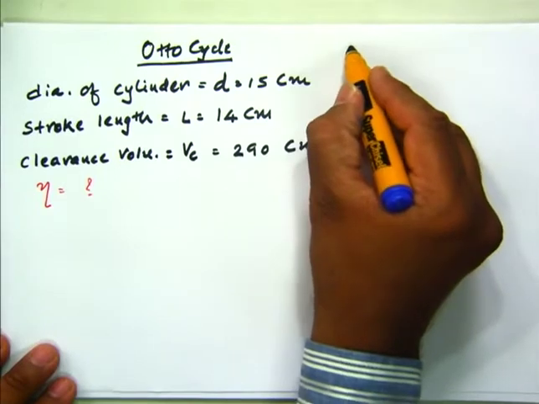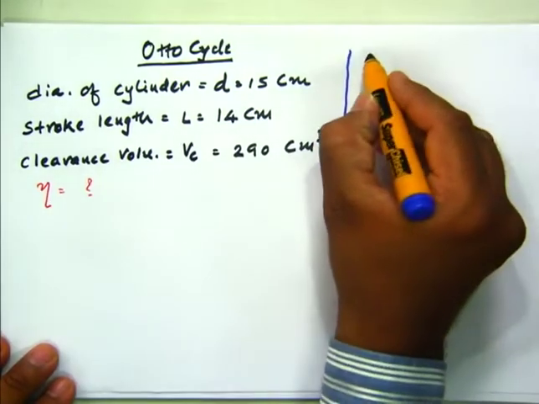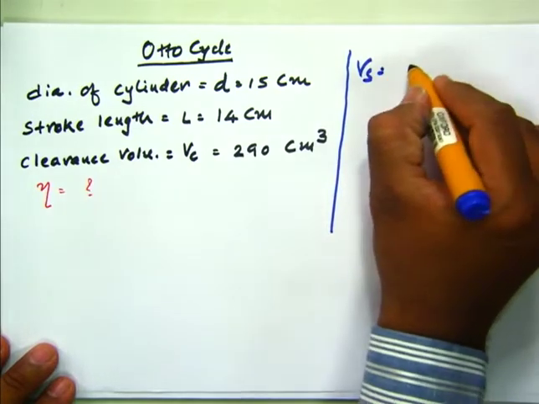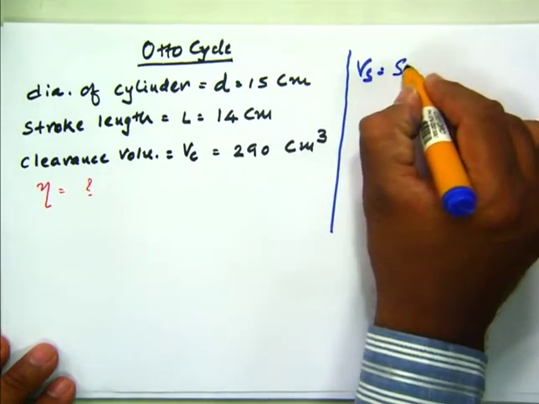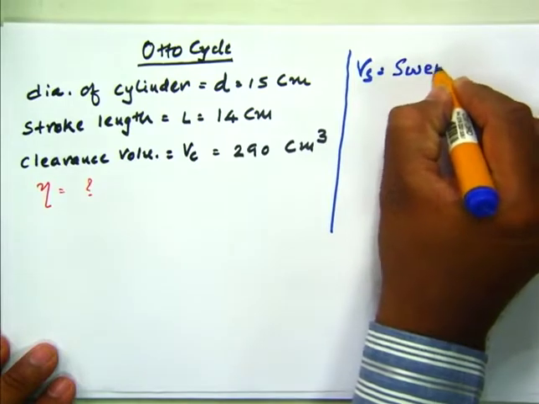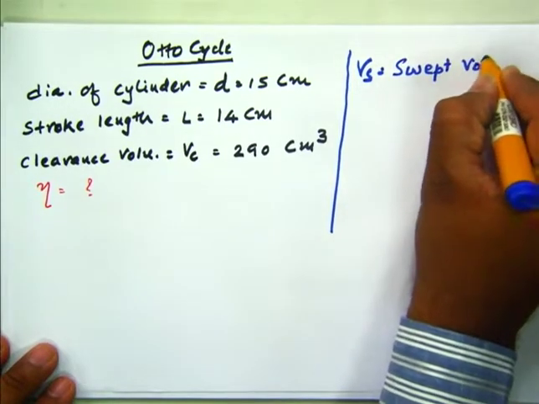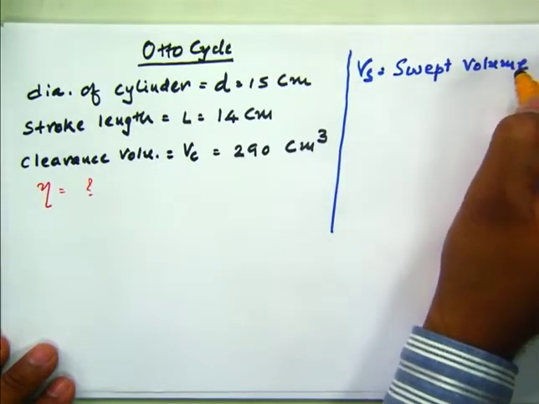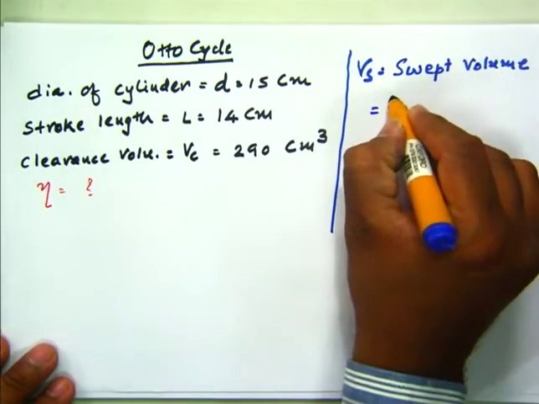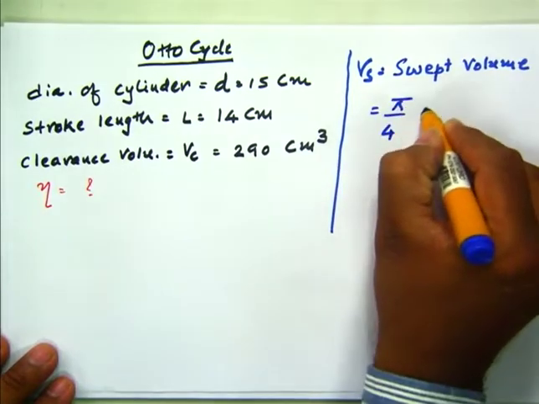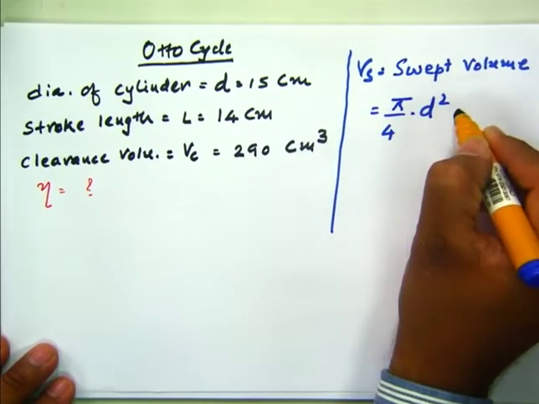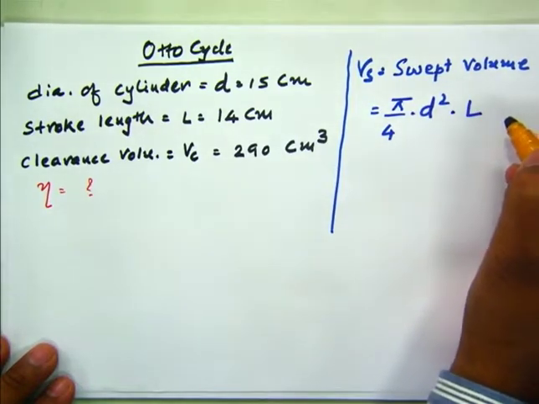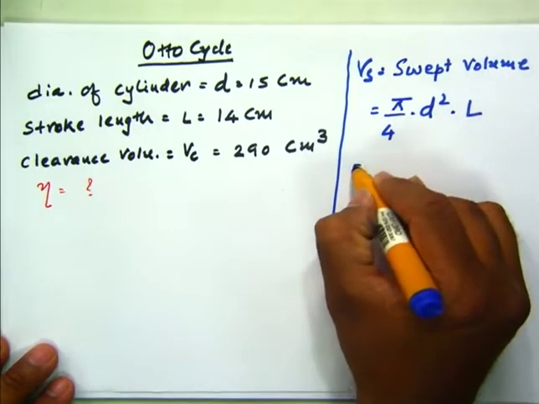You know very well that Vs is equal to the stroke volume or swept volume, is equal to pi by 4 into d square into L. Put the values.